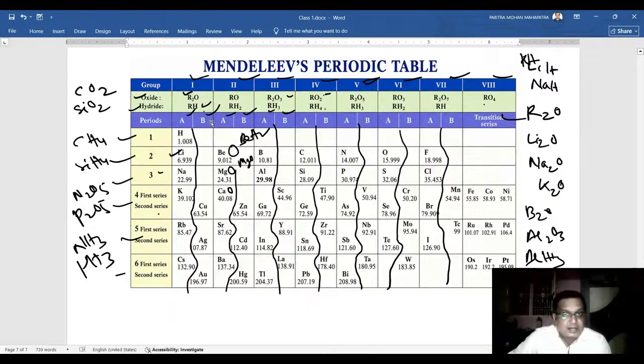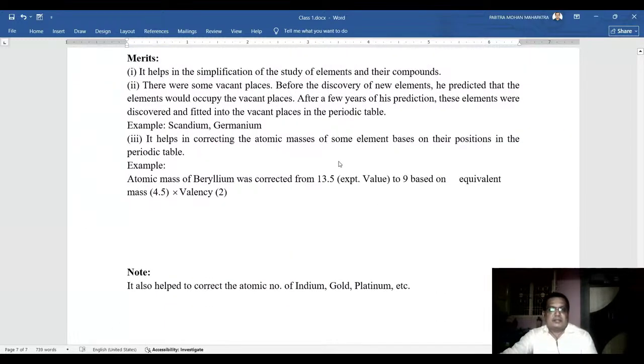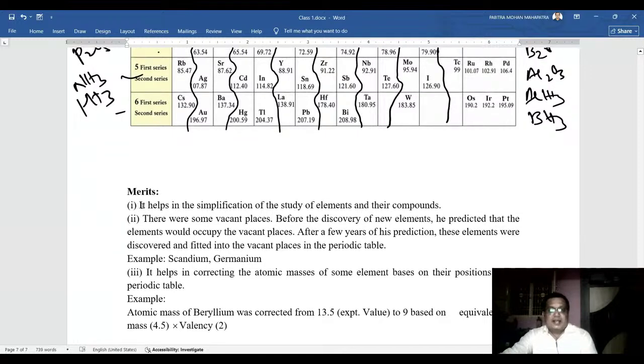By knowing the presence of the element in the row, the period and the group, you can easily explain about their compounds. This is the first benefit.